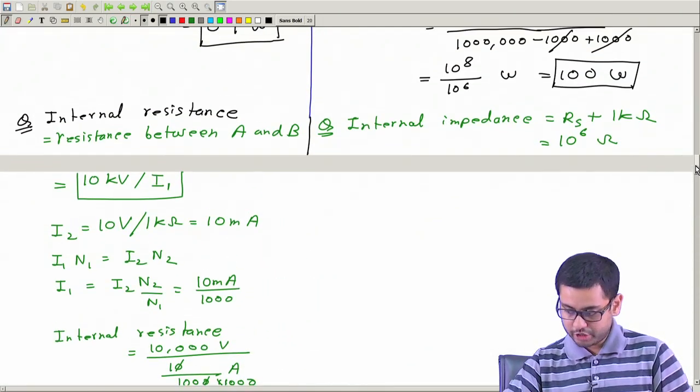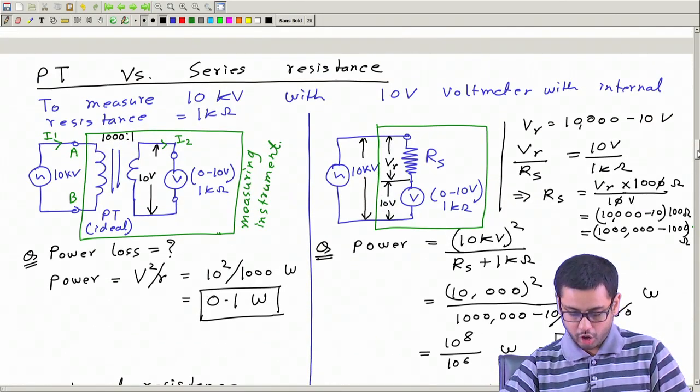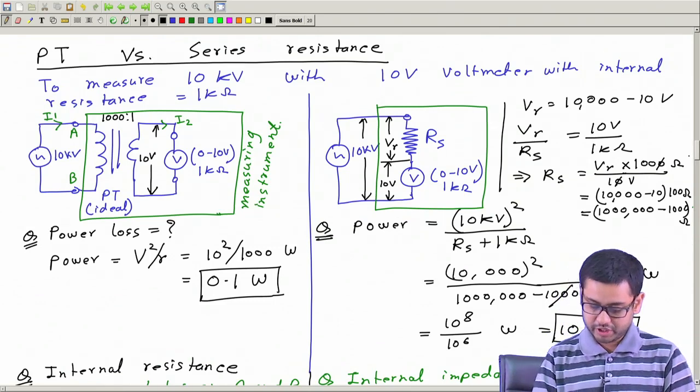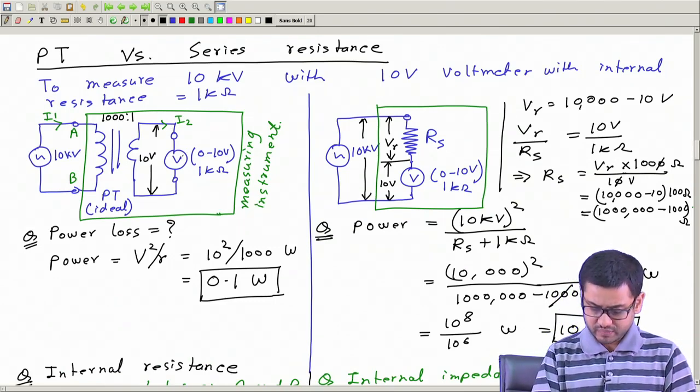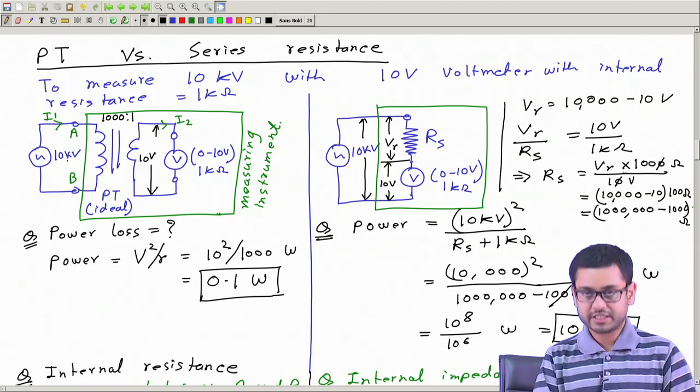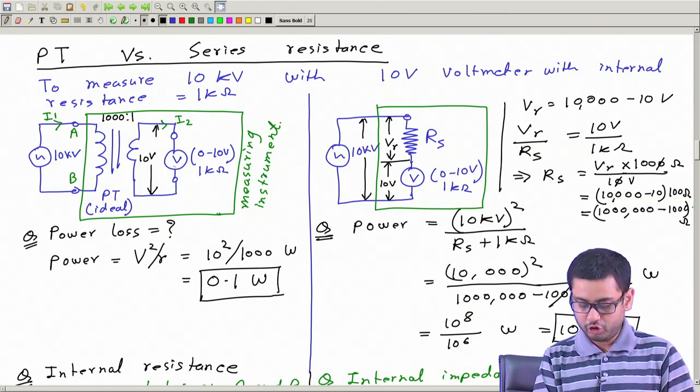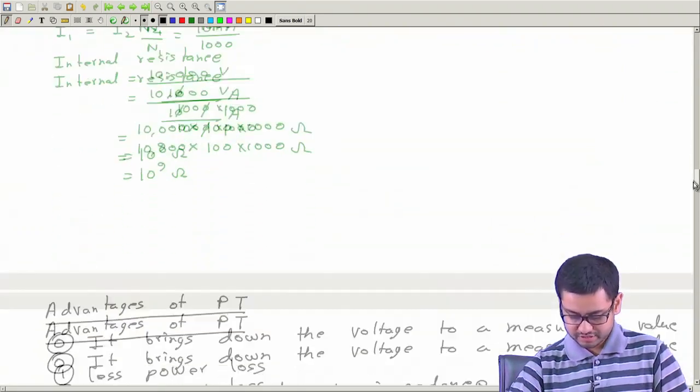And then what else? We can also write that it is safer for the operating personnel, because connecting a voltmeter directly to this 10 kilovolt is much more dangerous than connecting or disconnecting a voltmeter on this 10 volt side. So this is safer.